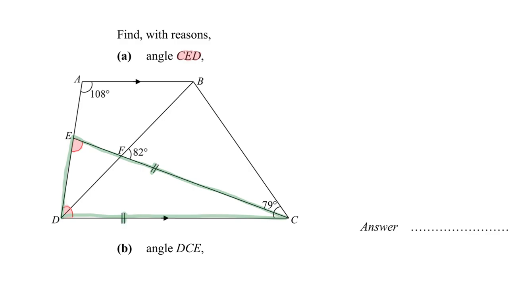Alright, the next thing to take note of is for this particular question, because this is parallel lines, then actually I will be able to get the red color angle easily because there is a special relationship between these two angles here.